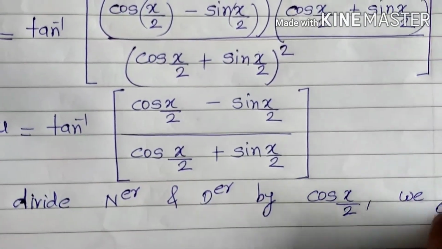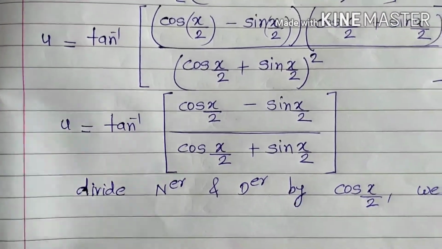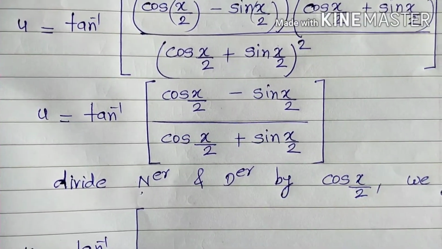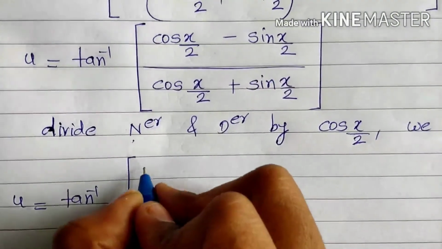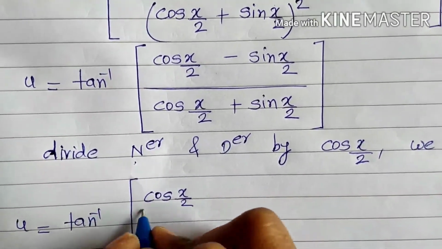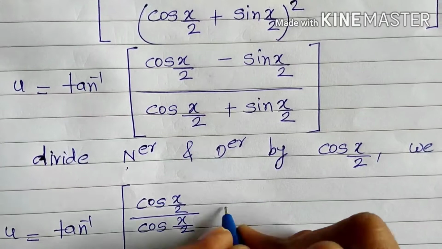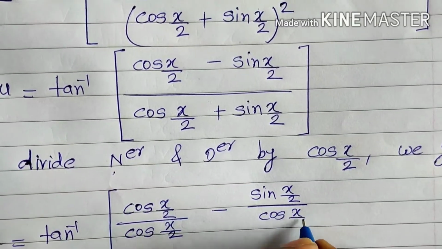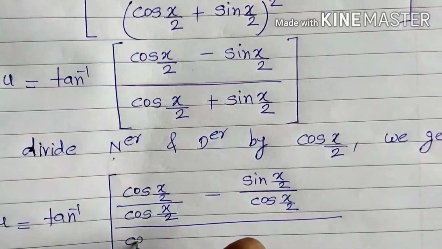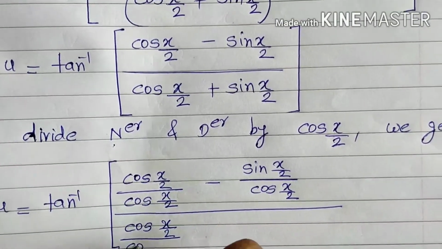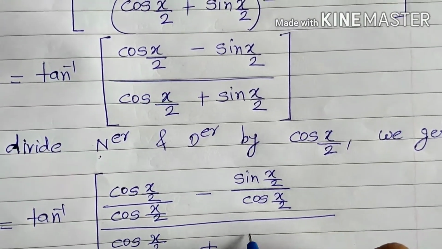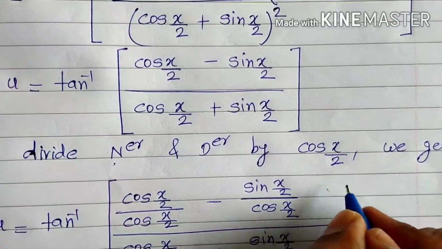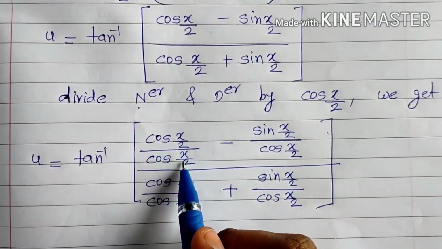We get, then cos x upon 2 gets cancelled.